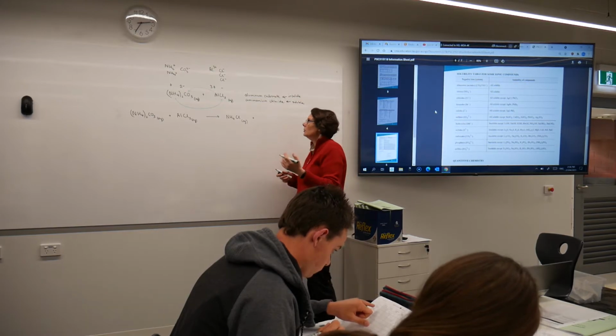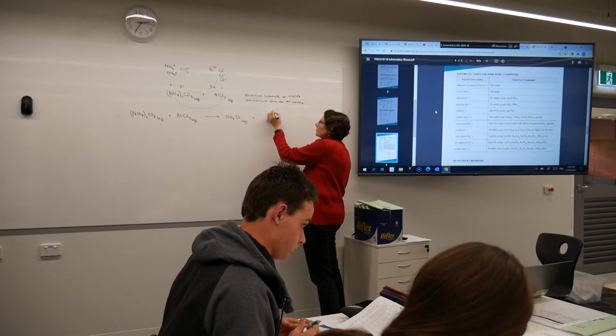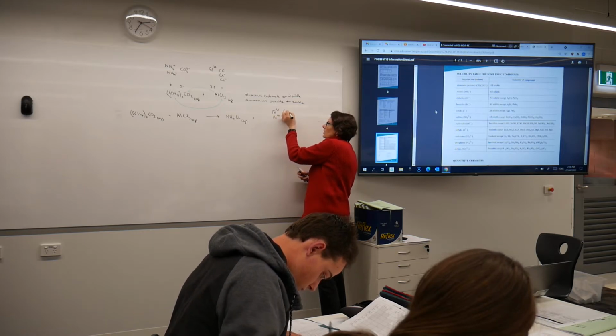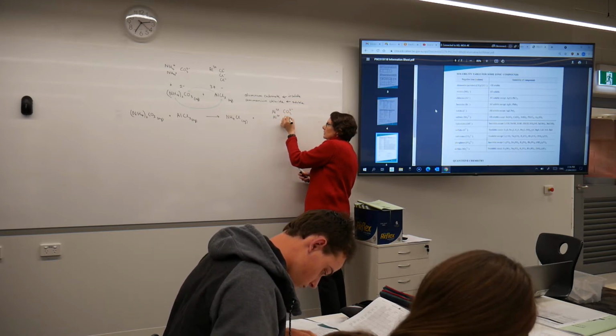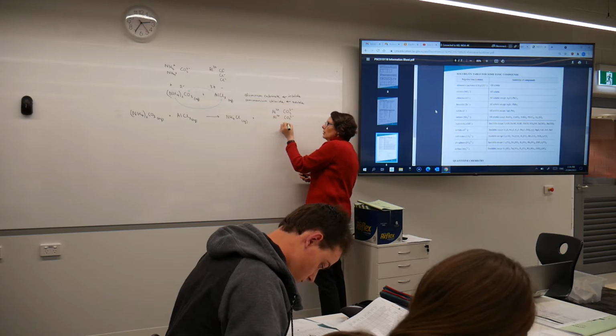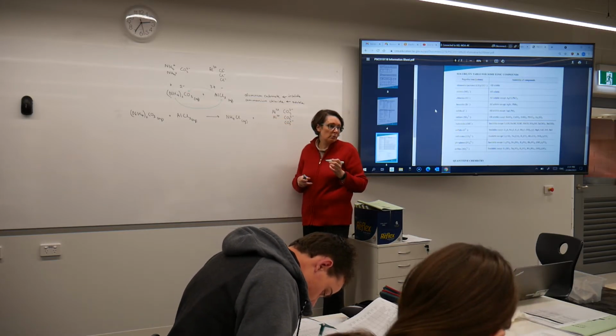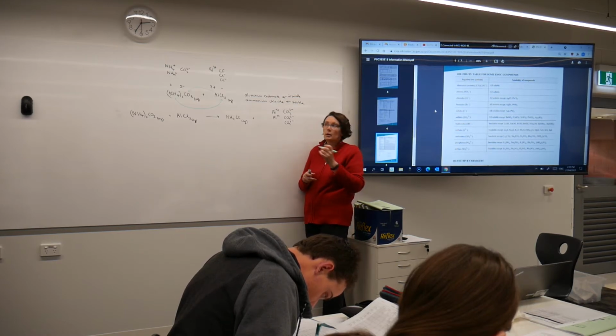So in order to balance them, I'm going to need 2 aluminium ions and 3 carbonate ions.